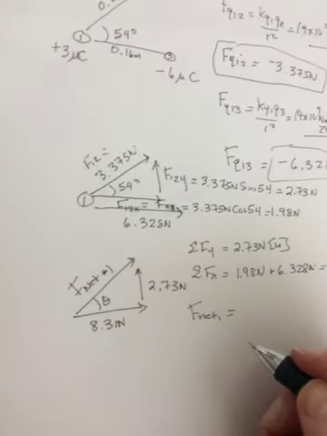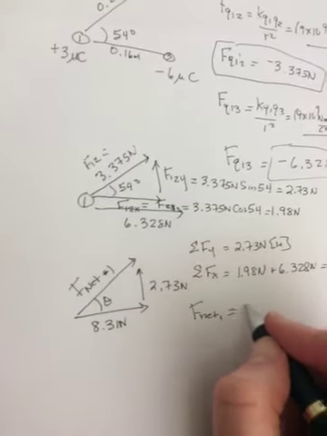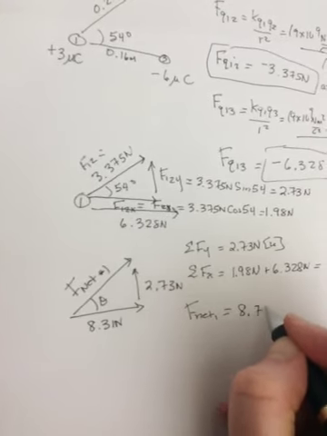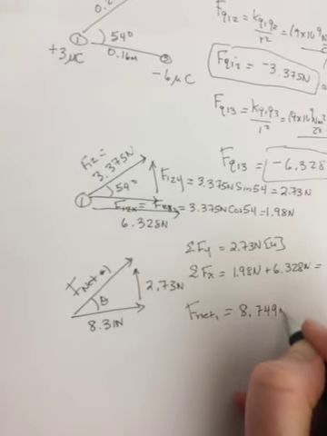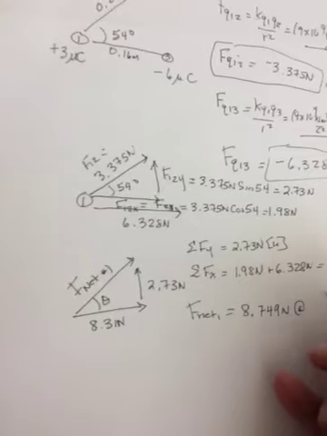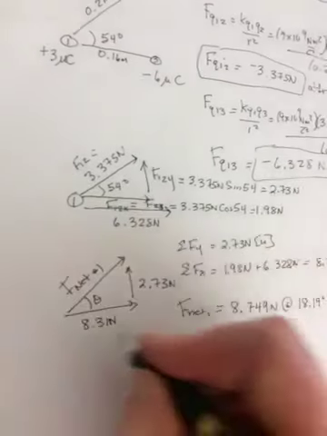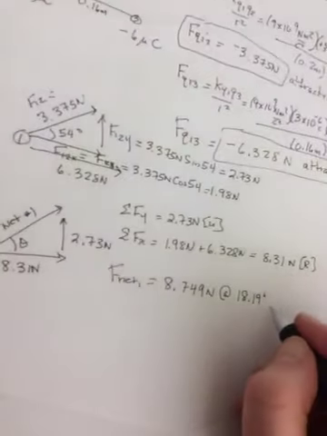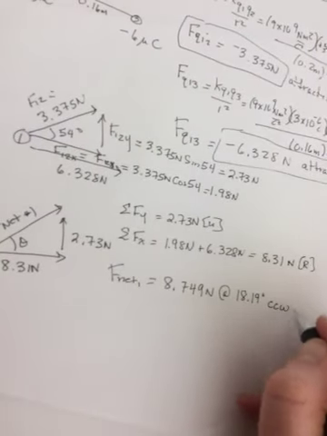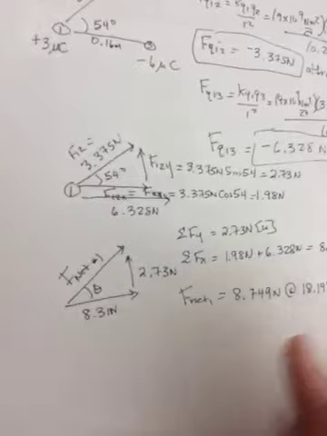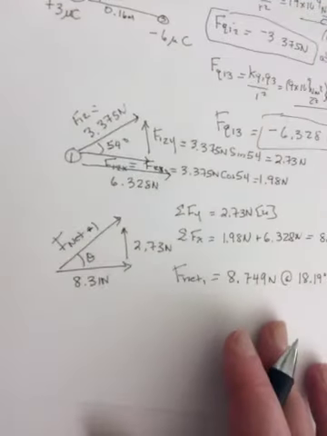So when you do that, you get something like 8.749 newtons at an angle of 18.19 degrees, and that will be CCW from positive x. It's upward from the positive x.